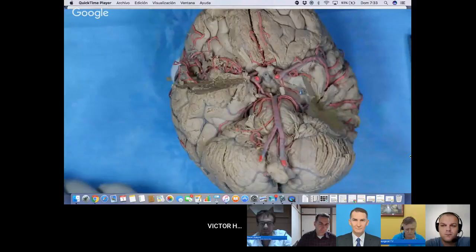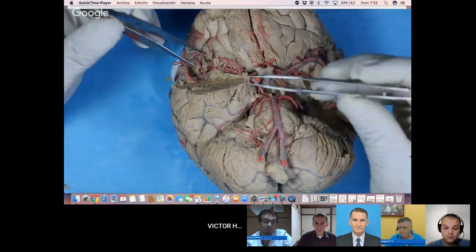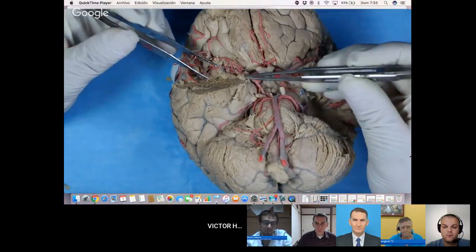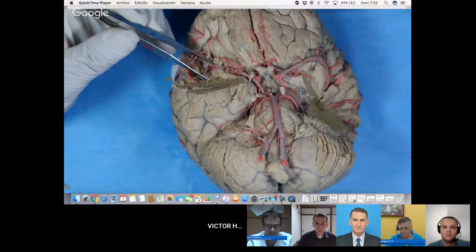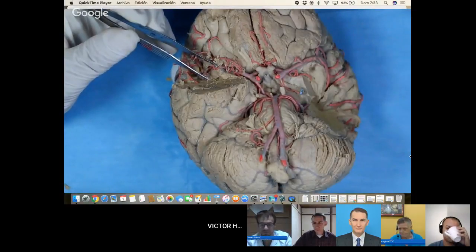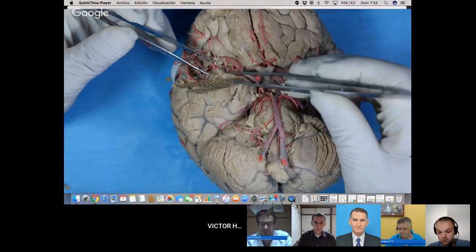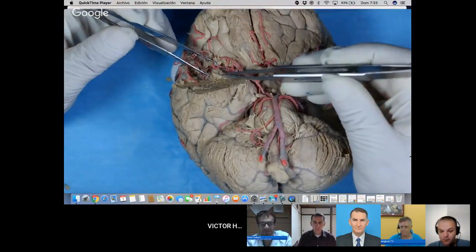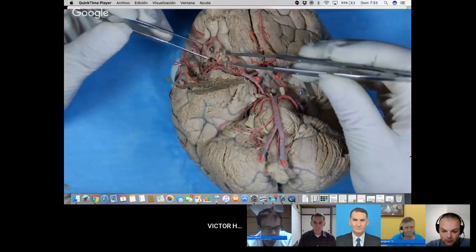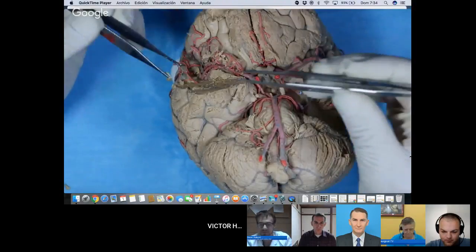If I show you 15 or 20 dissections of these brains, Slaven, I know that you are going to improve your knowledge about cerebral arteries. I'm very sure that this can be very useful for residents and for students because it's much better to see this in video than in pictures.